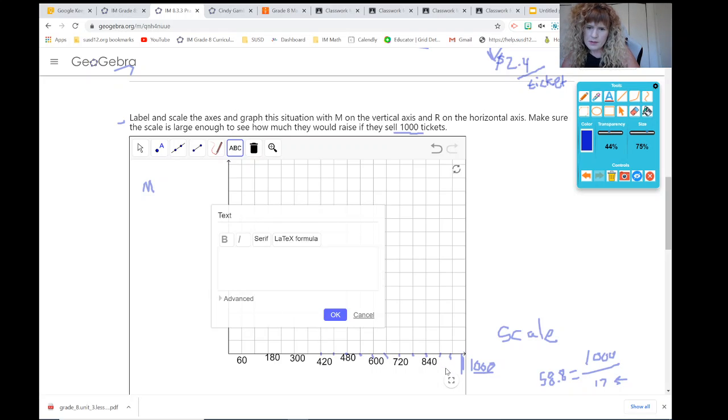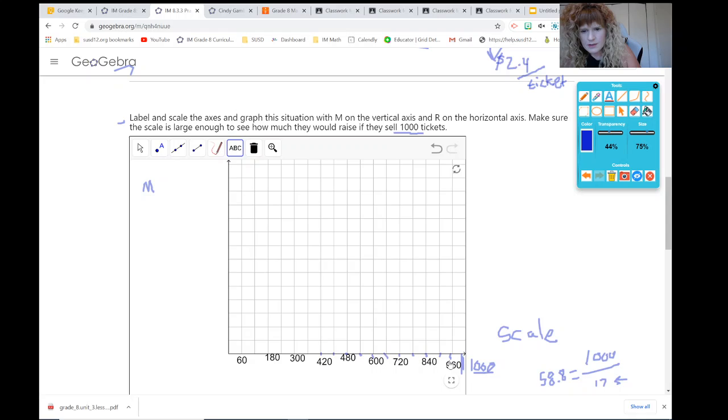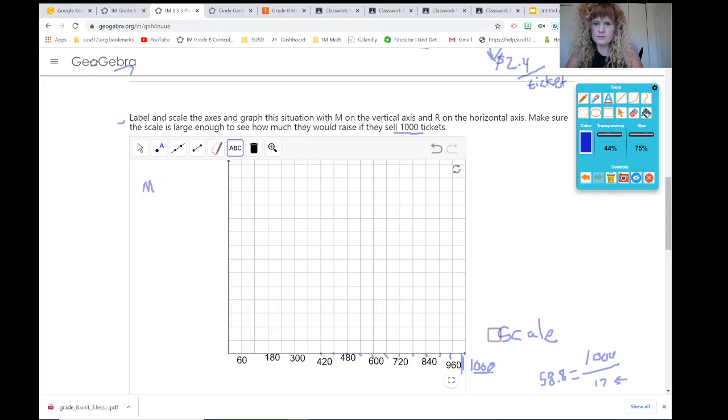And now we're going to go up to 960. Uh-oh. Is 1,000 going to fit? So the next number here is going to be 1,020. But it's going to be pretty hard to fit that on there. 1,020, and I can't fit it on. But, oh well. So basically I go up to 1,000. The 1,000 mark is about right here. Okay?